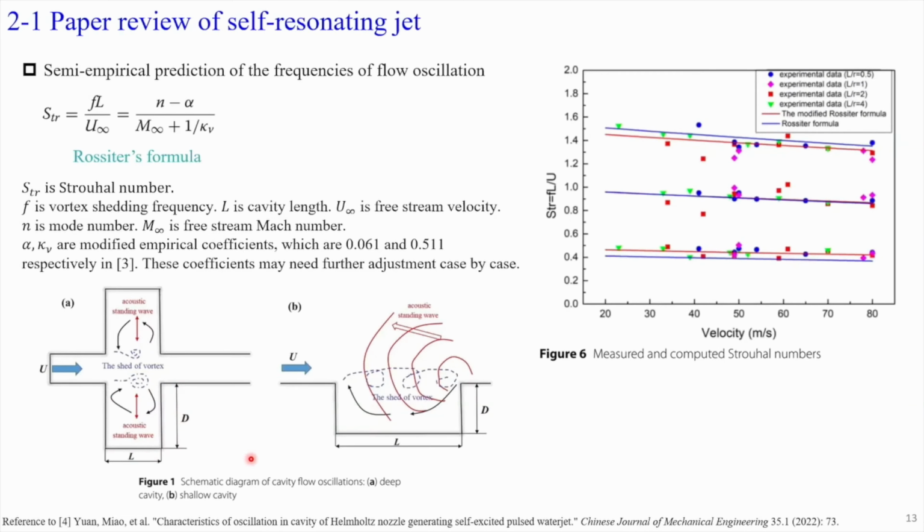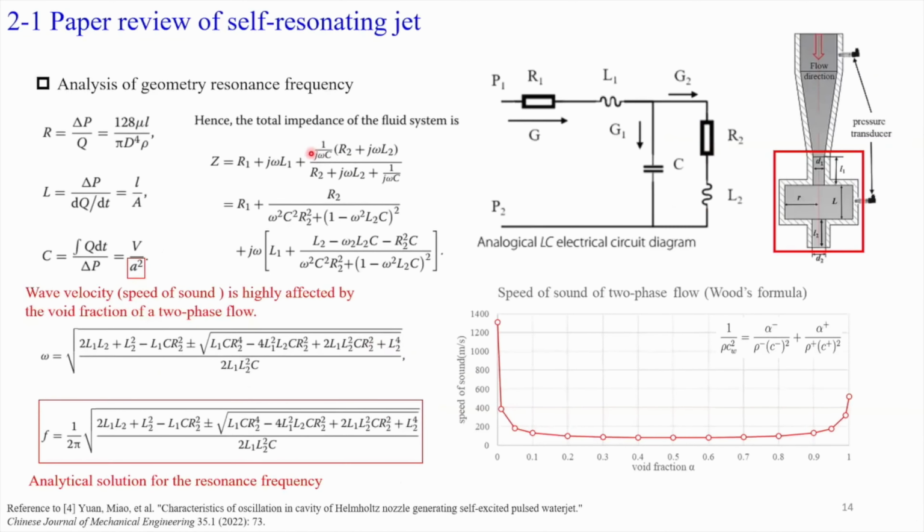This can be evaluated through the so-called Rossiter formula, which requires the free stream Mach number and two empirical coefficients, alpha and kappa, for different cases. And for the geometry resonant mode, we can solve the frequency based on the reactor geometry analytically with our LFNA method.